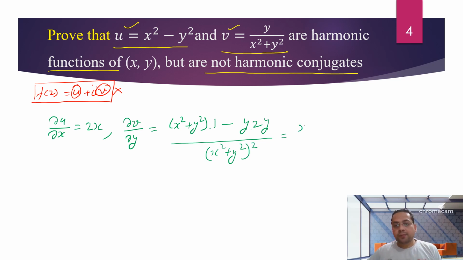That means x square plus y square minus 2y square over x square plus y square whole square. That will be equal to x square minus y square upon x square plus y square whole square.